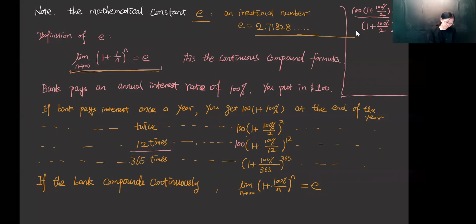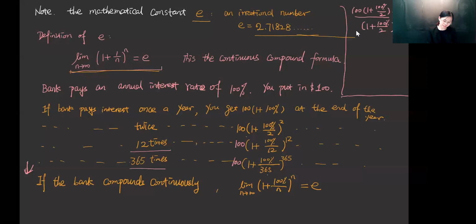And similarly, if you keep the money in the bank for a year and the bank pays daily interest, then what you get in the end is 100 times 1 plus 100% divided by 365 to the power 365. You can continue this process.